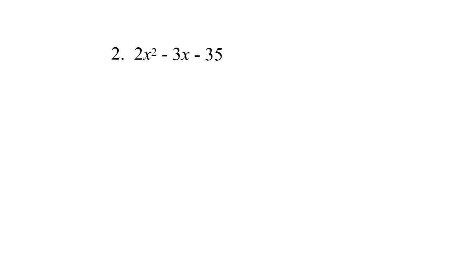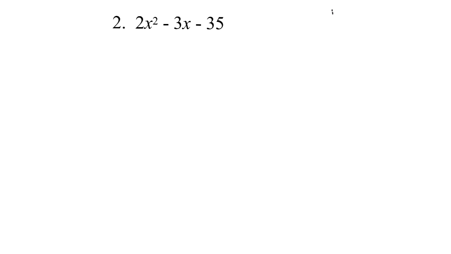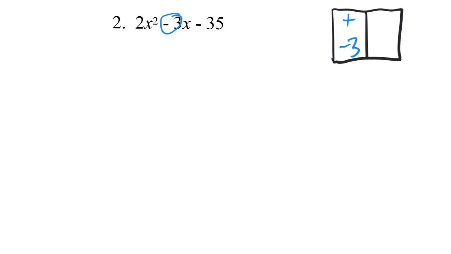So now let's take a look at this one. We have 2x squared minus 3x minus 35. What we're looking for is two numbers, just like before, that add to -3, but then multiply to the front and the back, which we wrote like this in class.